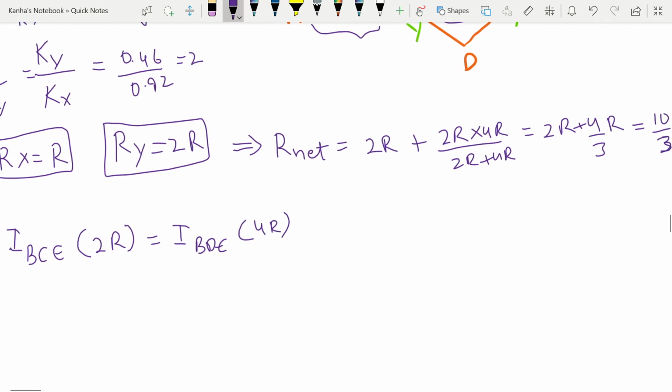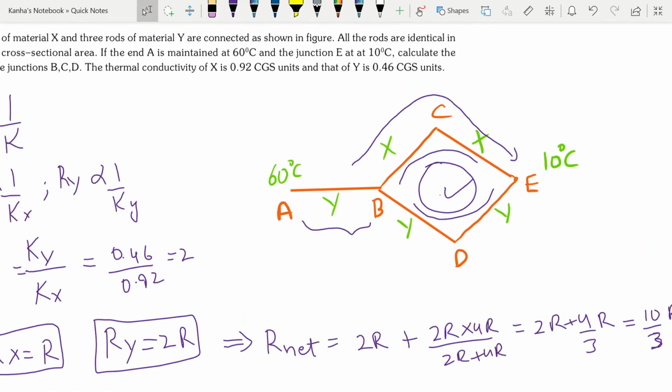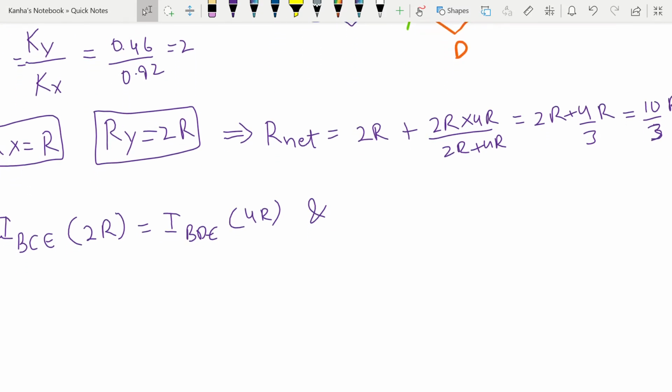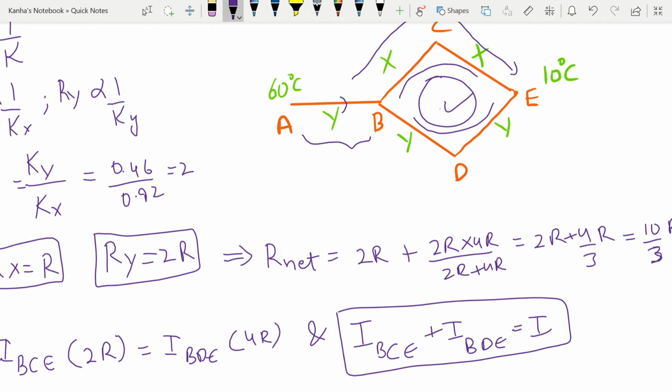Okay, note that we are easily writing this in terms of the electrical analogs that we were having, because this behaves in the same way as we've read before. I_BCE plus I_BDE is equal to the net I in the circuit or in the conductor. So if Y has a current I, I have this being split into 2.